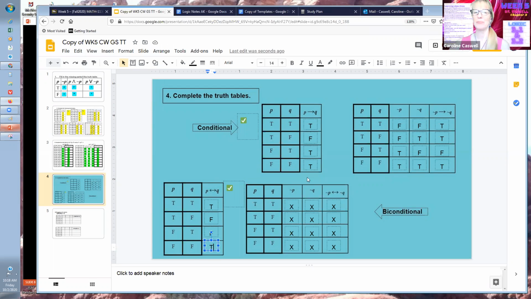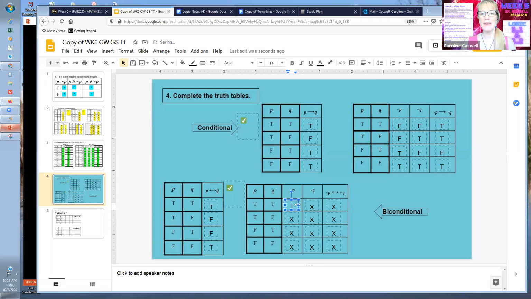Let's try an example. Again, do your not P's and your not Q's. You guys know how to do those. So I'm going to give you a minute to work on those, and I'll just fill mine in. I don't think you're going to need my help on that one.